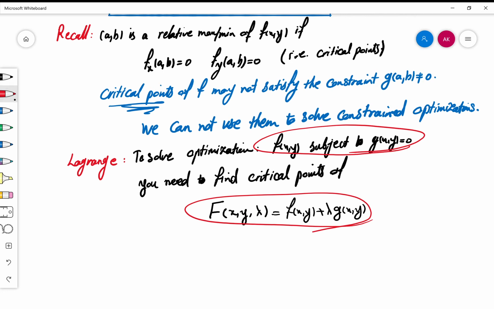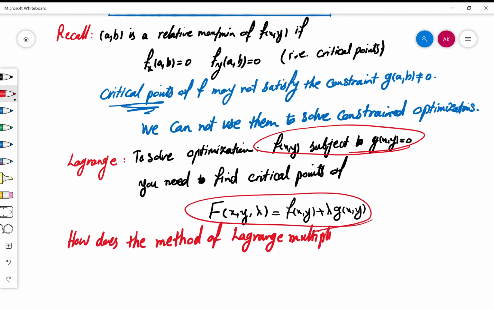Well, this is a little bit vague, so let me write out the steps of the method. How does the method of Lagrange multipliers work?